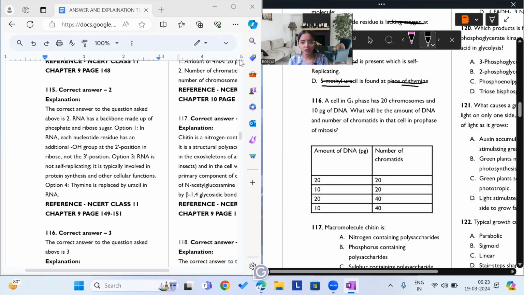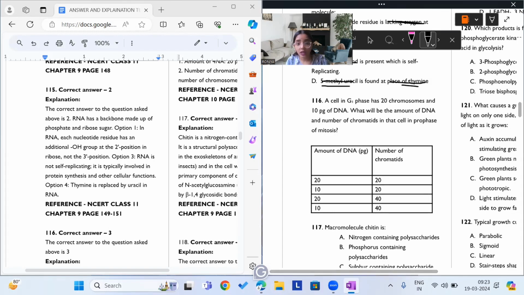Now this is a little challenging question. What it is saying? A cell in G1 phase has 20 chromosomes and 10 picogram of DNA. What will be the amount of DNA and number of chromatids in the cell in prophase of mitosis? Okay, so now let us see. It has 20 chromosomes in G1 phase. Prophase occurs after S phase and G2 phase.